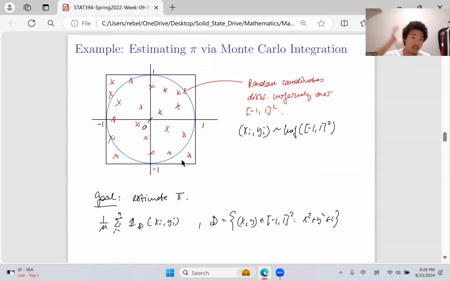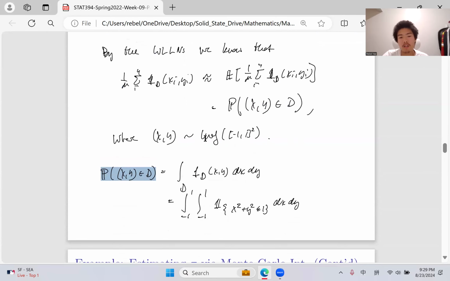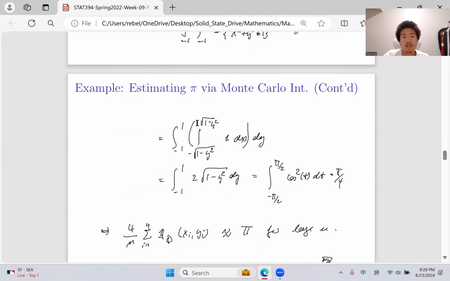If you have studied calculus before, you can determine the area of this as the upper bound minus the lower bound of the function indicated, and the function indicated is 1. We can use the limits from negative square root of 1 minus y squared to square root of 1 minus y squared to indicate that.